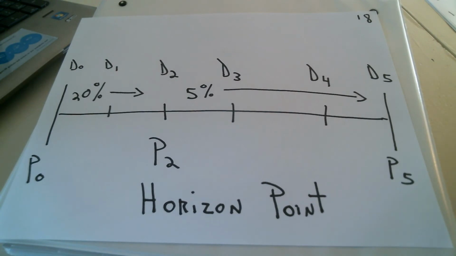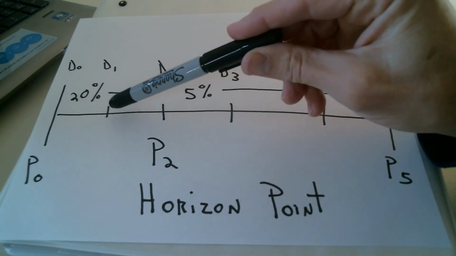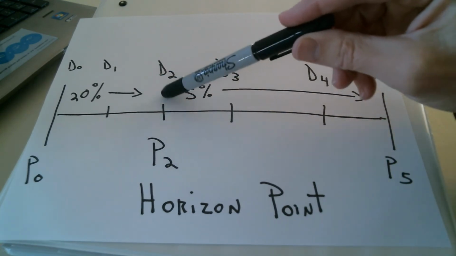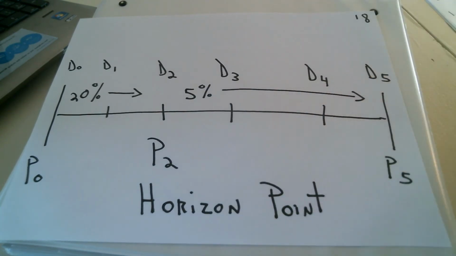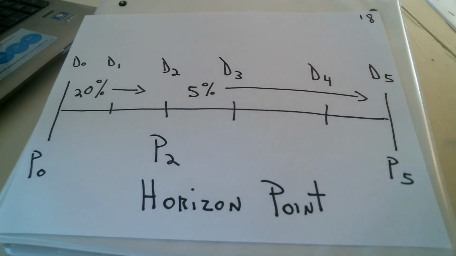The important point we need to make here, when it crosses over from 20 to 5, this point here is called the horizon point. Think of that when it switches over, it stops at 20% and now drops down to 5%. It's a horizon.